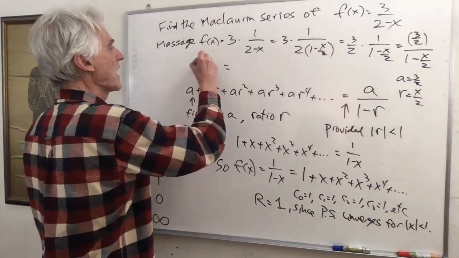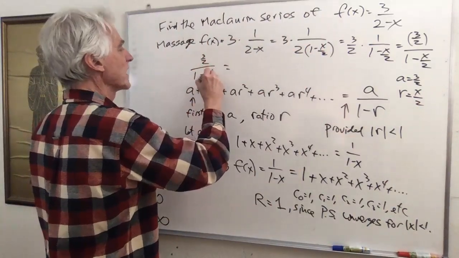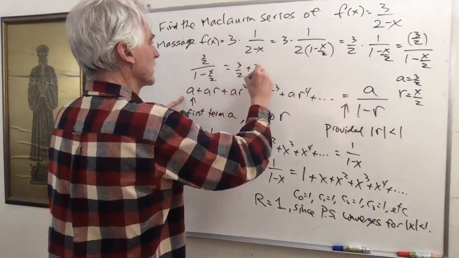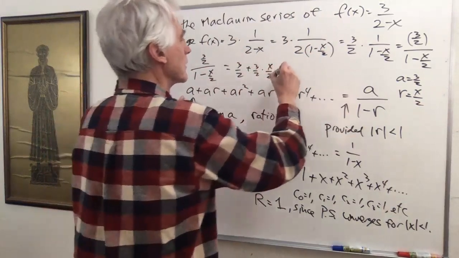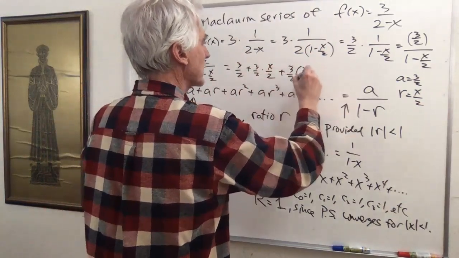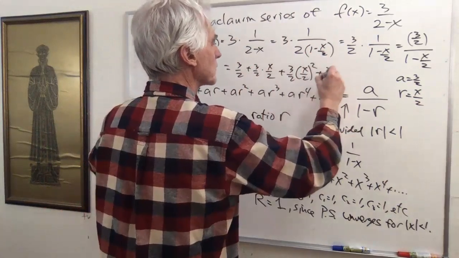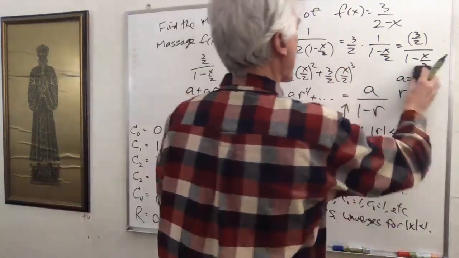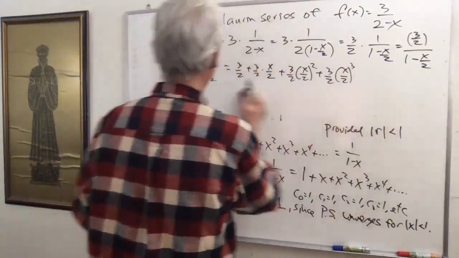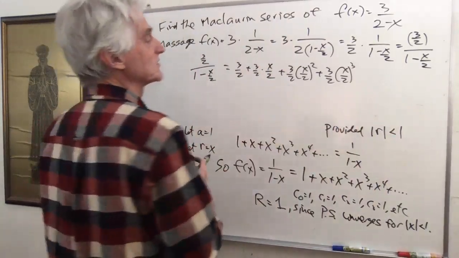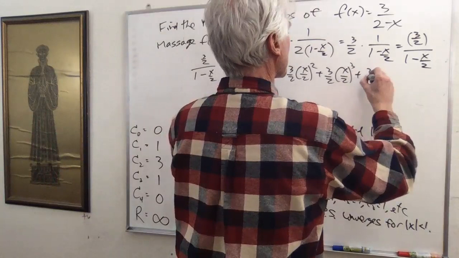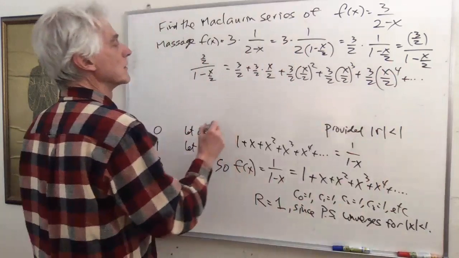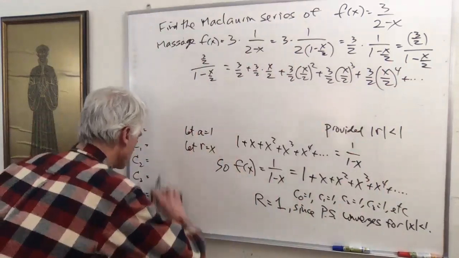So we have 3 halves over 1 minus x over 2 is 3 halves plus 3 halves times x over 2 plus 3 halves times x over 2 squared plus 3 halves times x over 2 cubed. And they want c4, so I can stop here, plus 3 halves times x over 2 to the 4, plus dot dot dot.